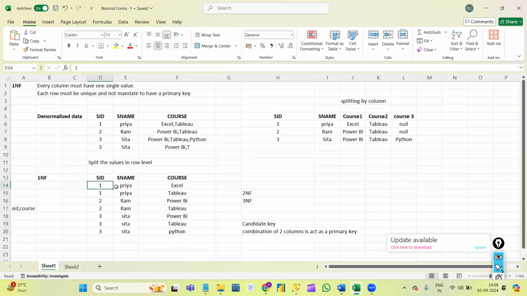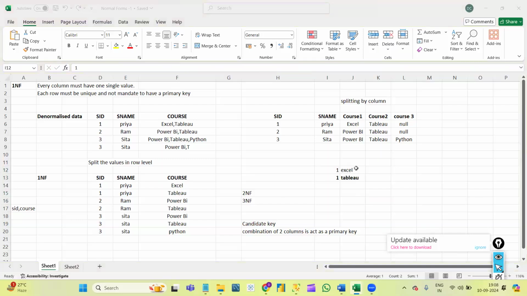If I need to see the two columns, the combination of two values is considered as a unique thing. That means the combination of SID and course, in the sense one Excel, next one Tableau, one Excel will be one value and one Tableau will be my second value. These two values together we are considering as a primary key.